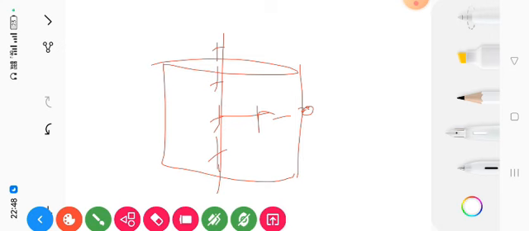Symmetrical. You see the cylinders, spheres, cuboids, cubes that we study in mathematics in lower classes, they are symmetrical cases. Even up to higher classes we study most of these. Obviously we are also concerned with irregular shapes, but these are the regular shapes, they follow symmetry.